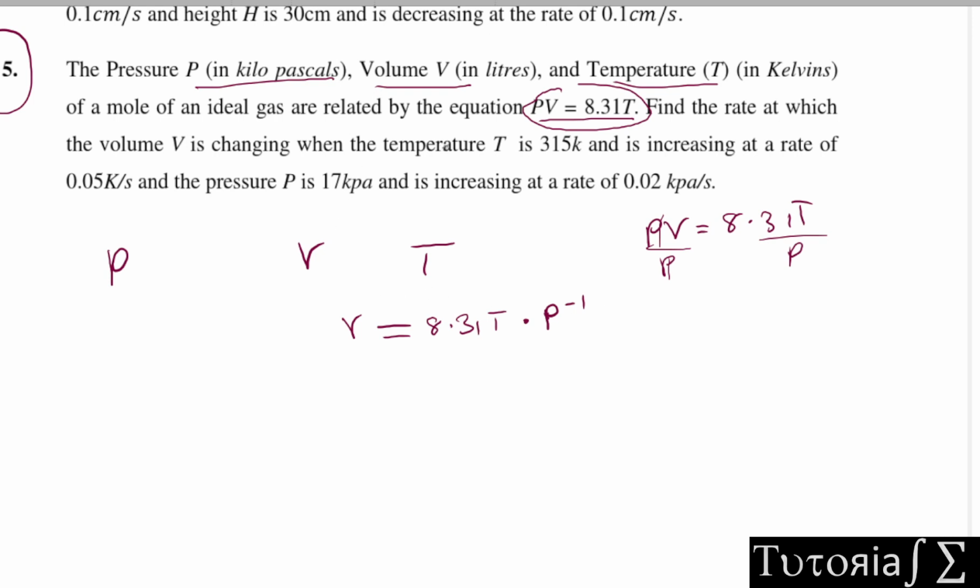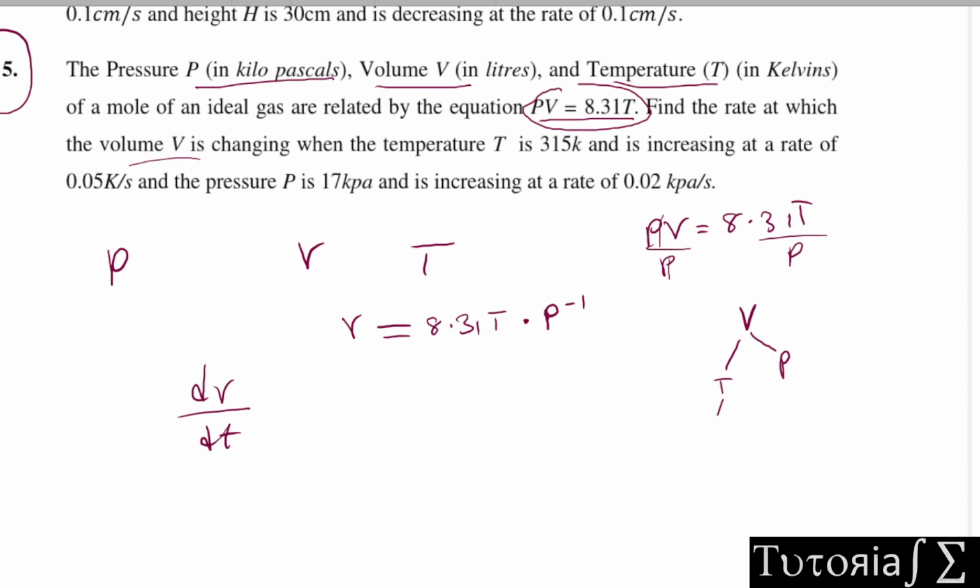So now what we're looking for is the rate of volume. So the rate of volume, that is dV/dt. Okay, dV/dt. So when we look at our volume here, V has two variables, that is temperature and pressure.